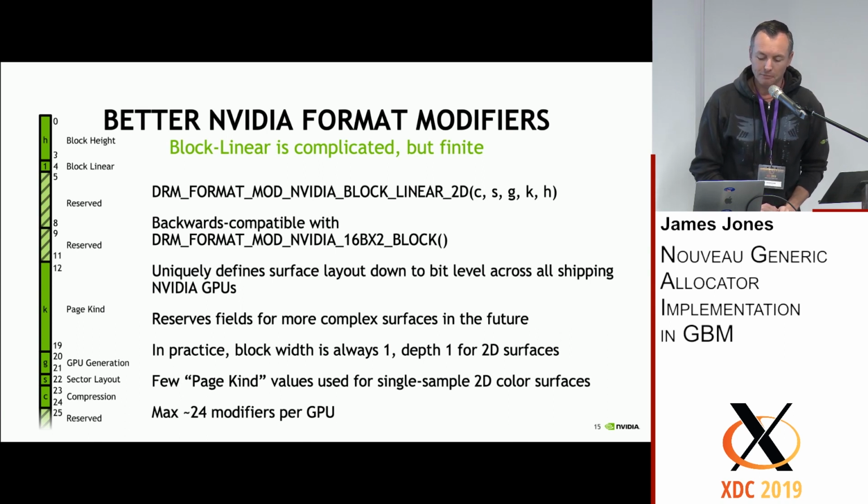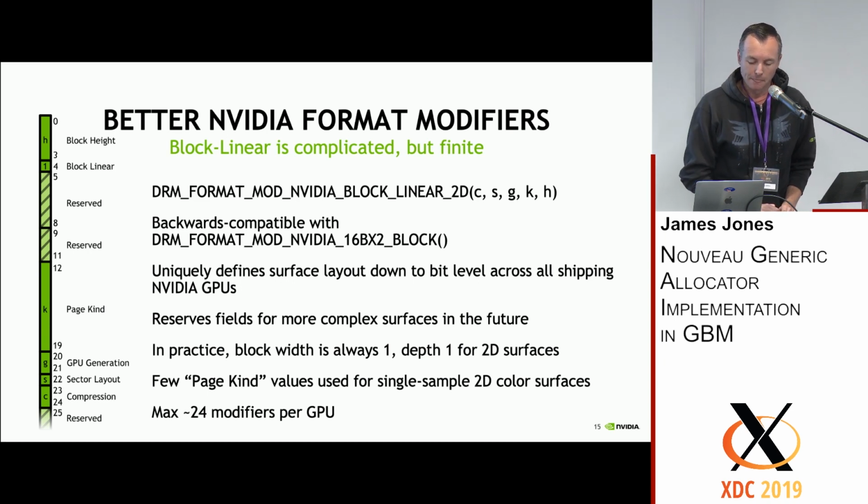I started looking at this, and this really happened about 1.5 years ago when I first got back to work and started looking at this again. I started looking at what I actually need to include in this format modifier to fully define a surface layout across any of the NVIDIA GPUs that are out there, without any ambiguities, and to be able to guarantee that if you had a given format modifier, the surface would be compatible with any other device that supported that format modifier within the NVIDIA family.